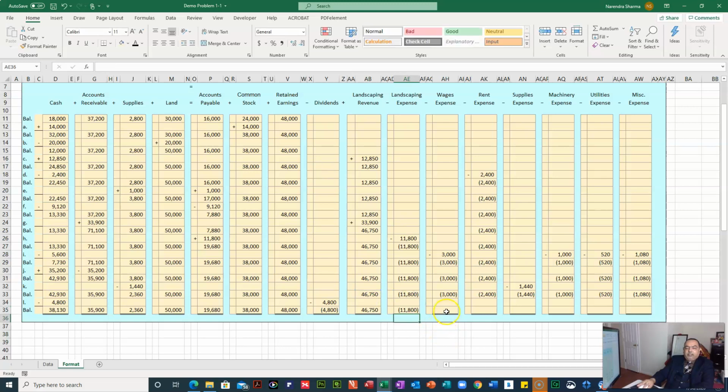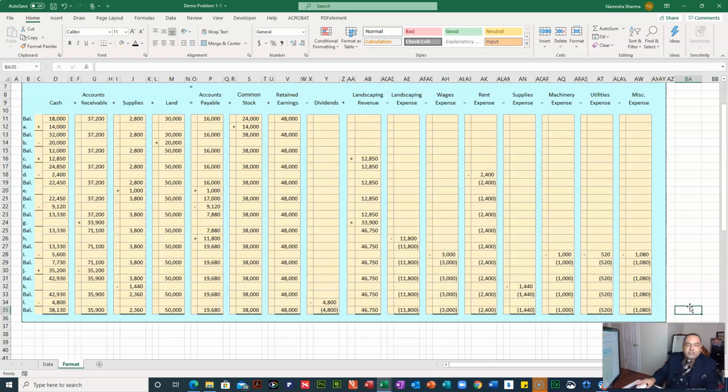This is going to be 11,800. This is going to be 3,000. This is going to be minus 2,400. Supply expenses minus 1,440. Machinery expenses minus 1,000, minus 520, and minus 1,080. So that's your final balance.